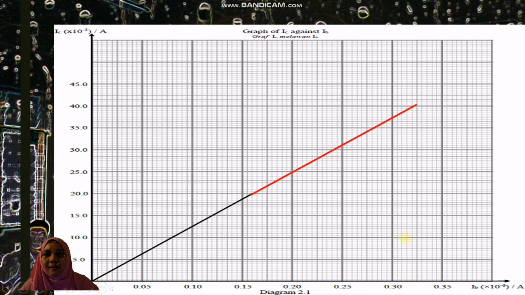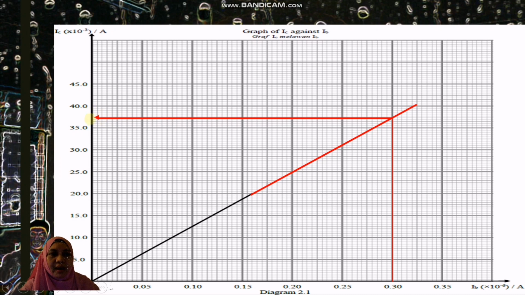And first thing, we extrapolate this line. Okay, and then you draw a straight vertical line from this value up to this point, and then draw a straight horizontal line which intercept the y-axis.